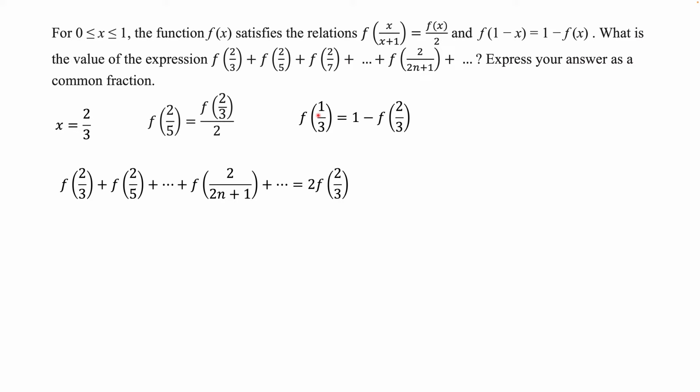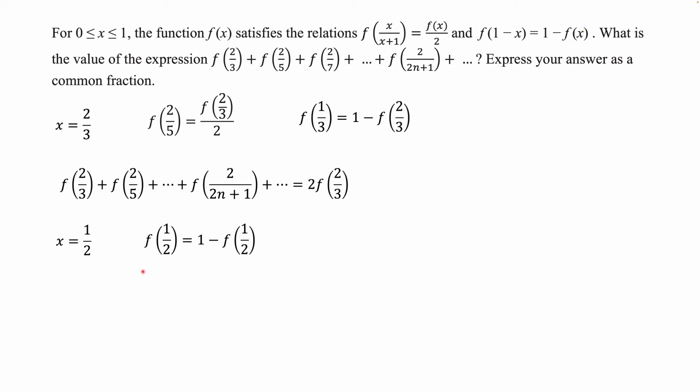But before going there, let's look at this equation. This equation is interesting. It relates 1 minus x to x, and it has one specific point, when x equals 1/2. In this case, what you have here is the same as what you have here.